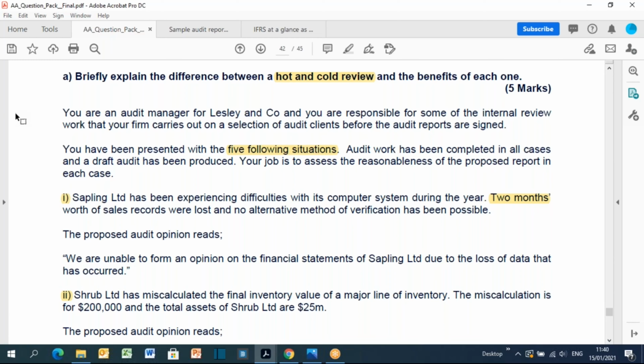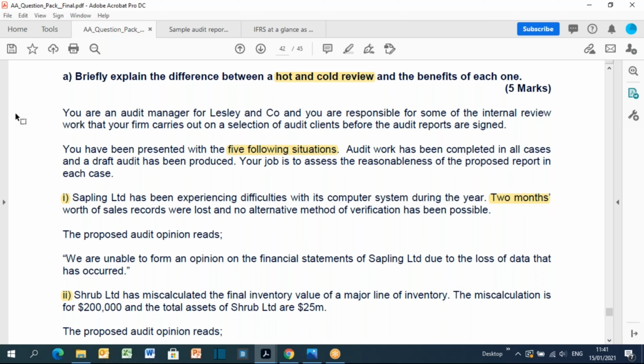And the advantage is that the auditor can review all the information before the audit report is signed. If there is something that is not sure or something that needs to be added, then that's the correct time.